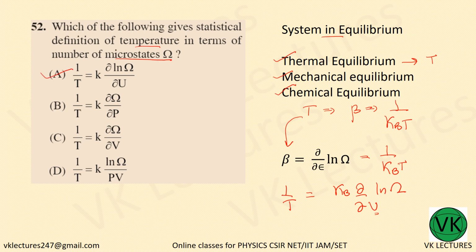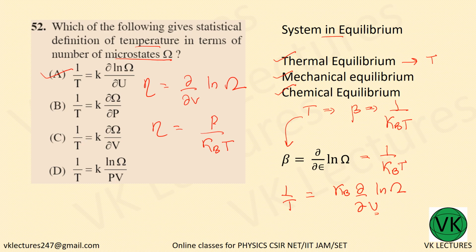For mechanical equilibrium you can write eta equal to dou by dou V of log omega. This tests mechanical equilibrium, and this eta is equal to pressure by kBT.